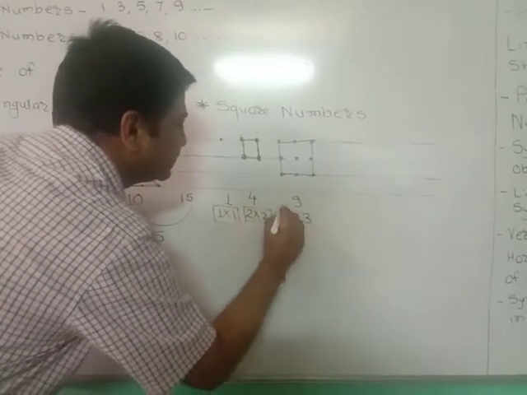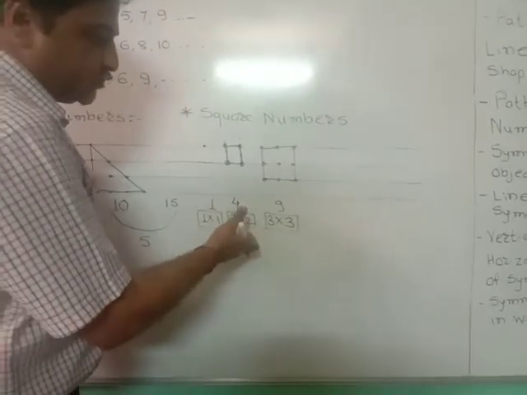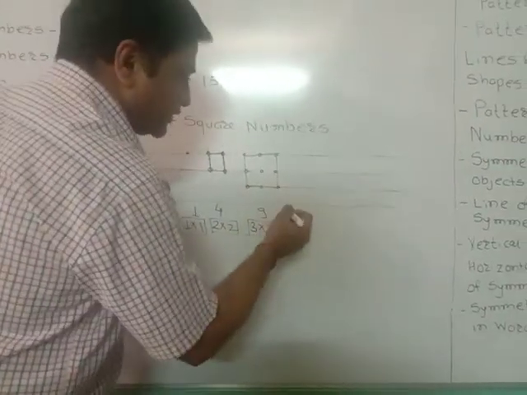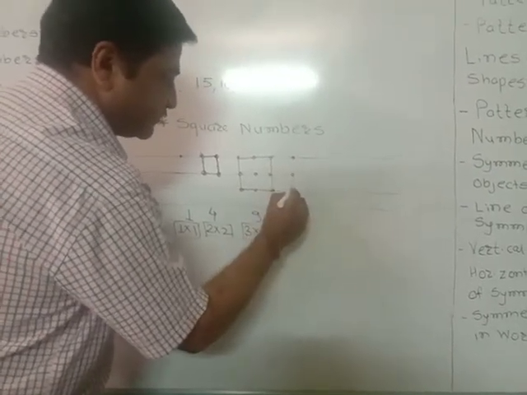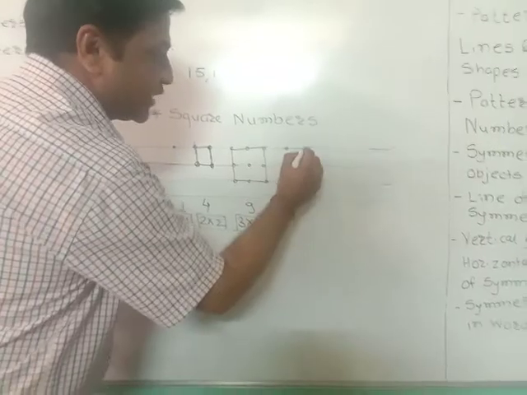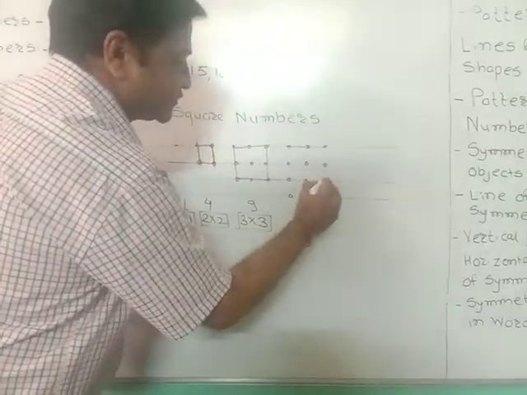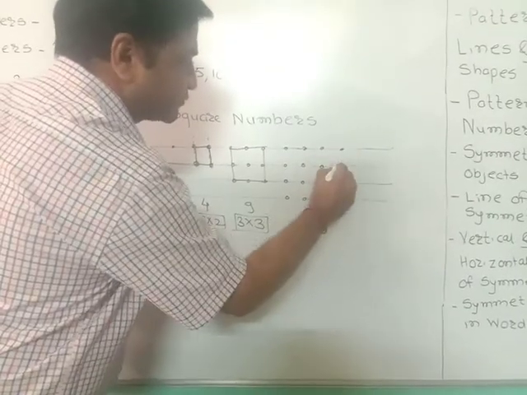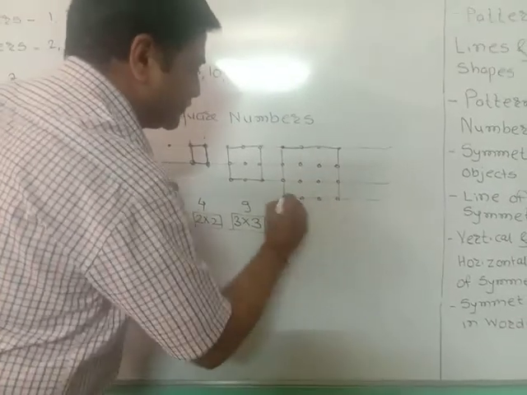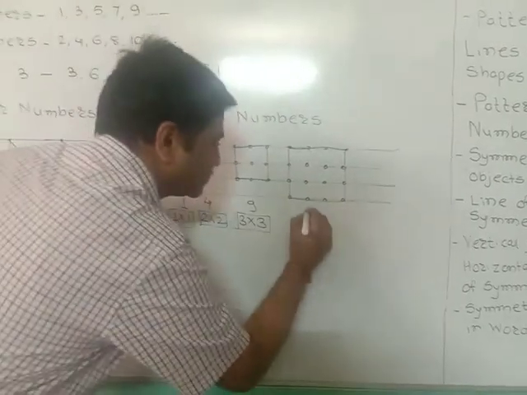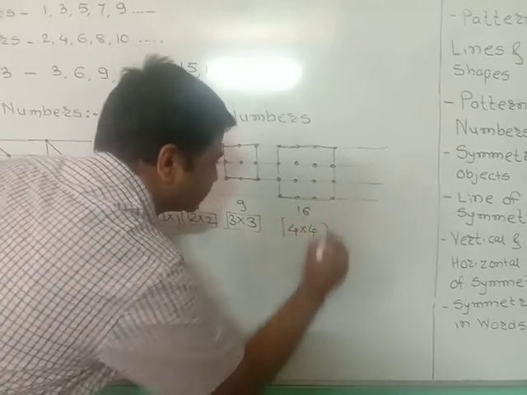What we are getting is the multiplication of natural numbers or counting numbers 1, 2 and 3 with itself. Again, if I take 4 rows and 1, 2, 3, 4, again 4 columns, I will again get a figure which is nothing but a square. So here the number of dots will be 16, which is nothing but 4 rows, 4 columns.